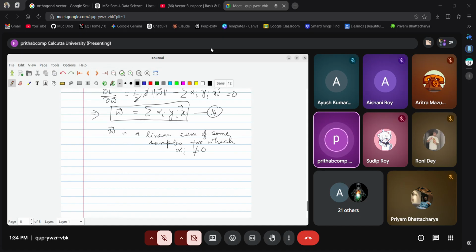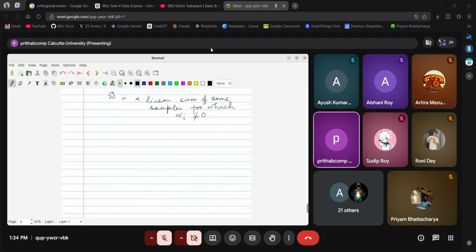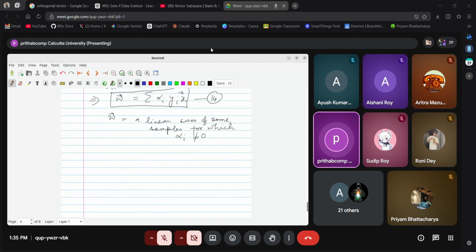It means this summation alpha i yi xi. So this w becomes a linear combination of some samples for which alpha is not equal to 0. So it is a linear combination, right? Okay, so this way you obtain the value of w. See, all these values are known, yi and xi, and these are already considered, right?